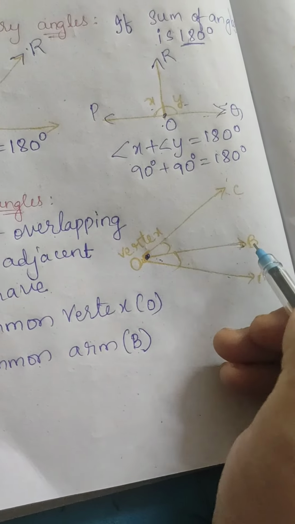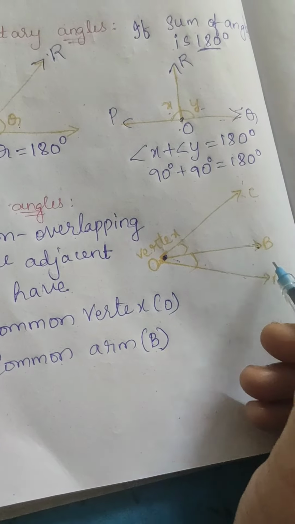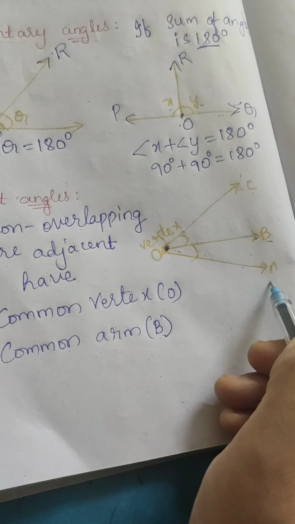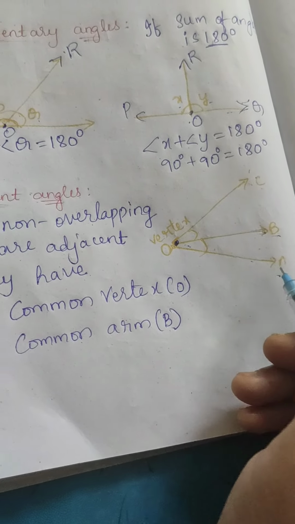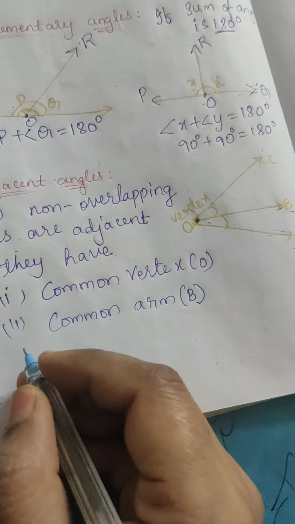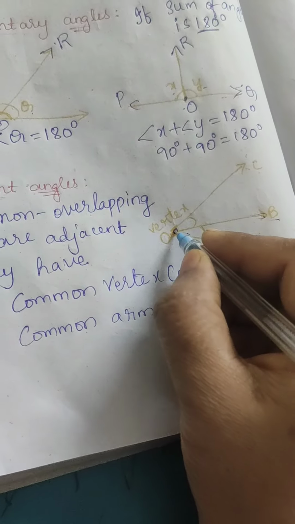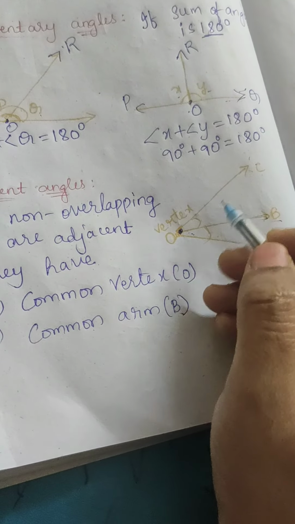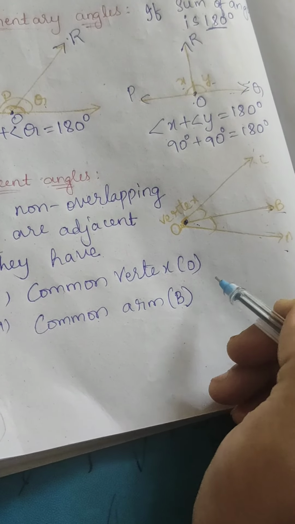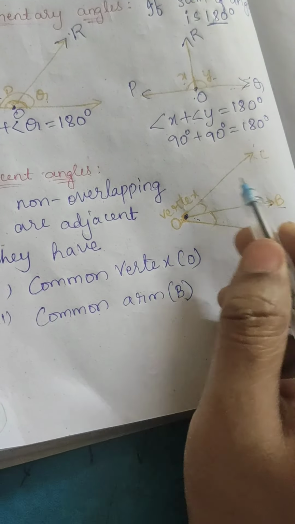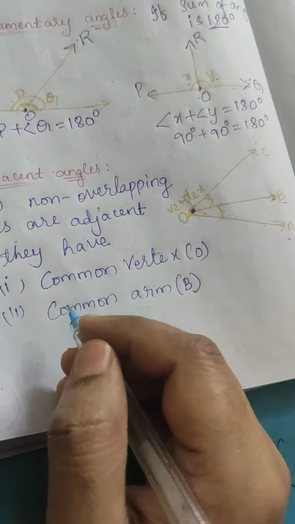Now here angle BOC and angle BOA are adjacent angles. This is the common vertex for angle COB and BOA. This is the common arm for those two angles also.